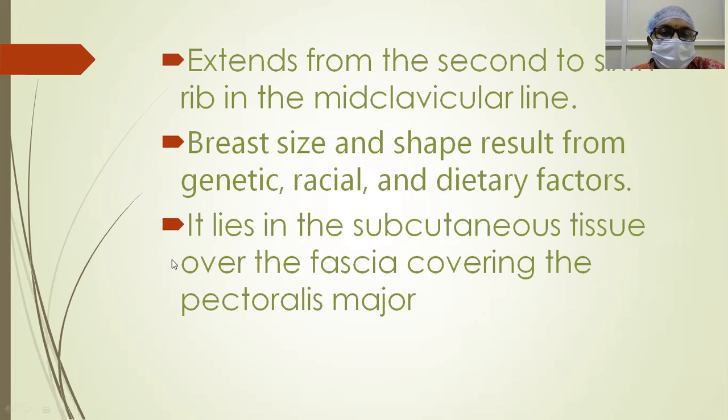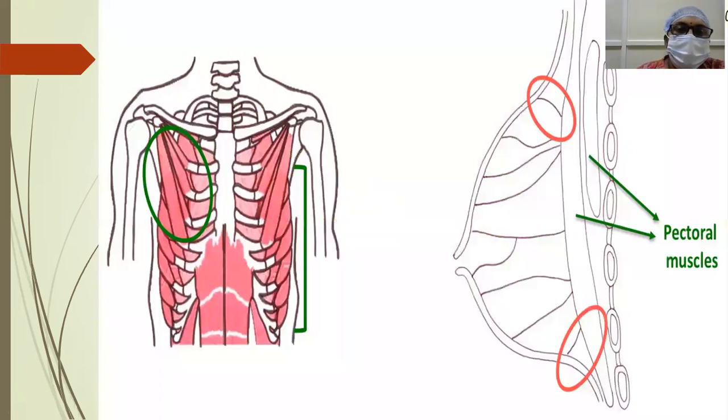As I told you, it lies in the subcutaneous tissue over the fascia covering the pectoralis muscle. So, in the mid-clavicular line, okay? So, look at this. This from the second to the sixth rib.